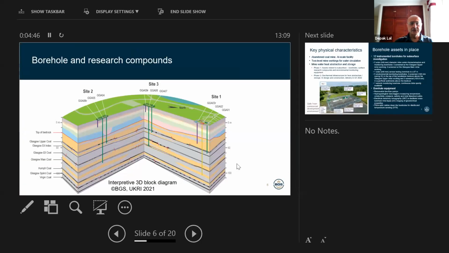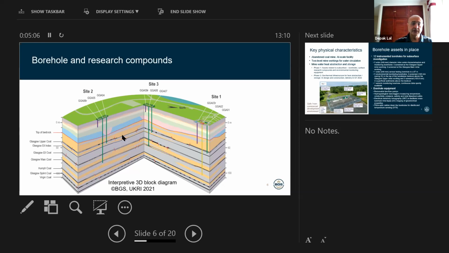And side on, in terms of the area above the mine, what we've got is sites 1, 2, and 3. And again, in purple, we've got the environmental boreholes here, here, and here. And the water circulation boreholes here, here, here, and here.